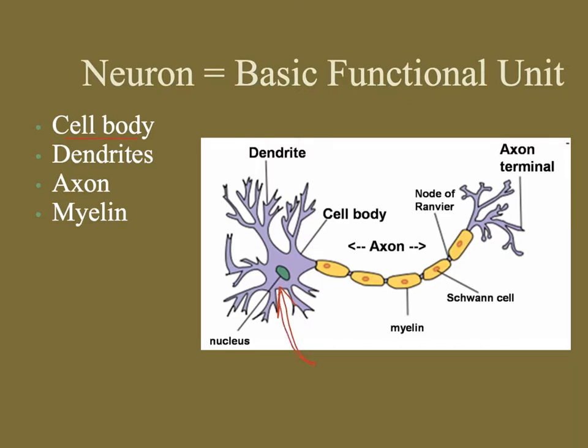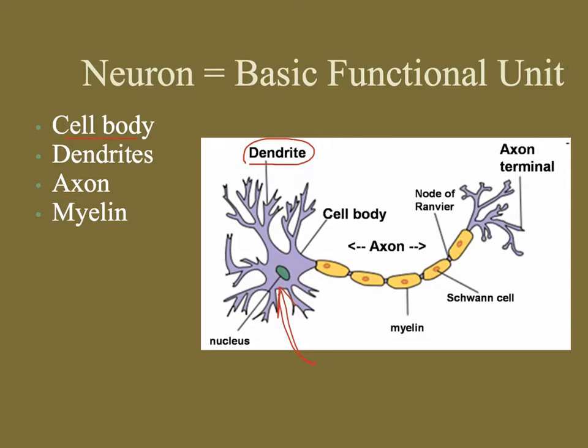So there's mitochondria in there, there's cytoplasm, there's lysosomes, endoplasmic reticulum, ribosomes. All of those organelles are found in the cell body. Coming out of the cell body are some to many branching little extrusions of the cytoplasm, and those are known as dendrites.